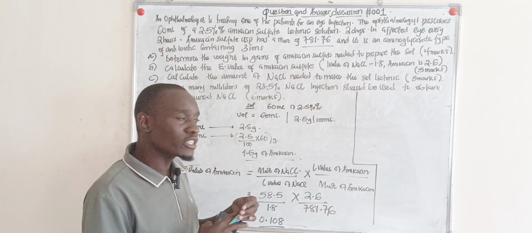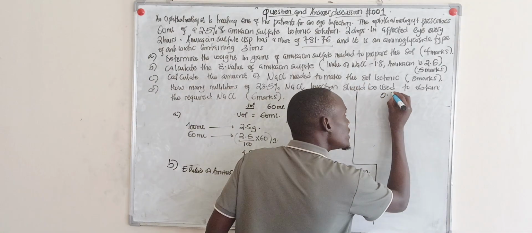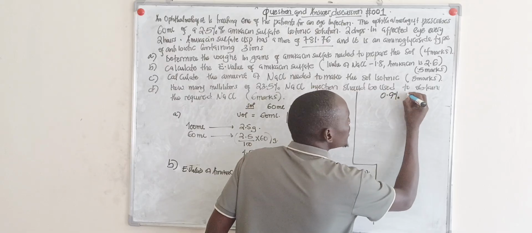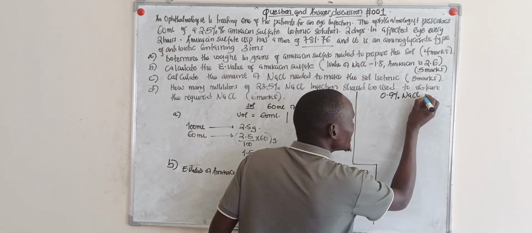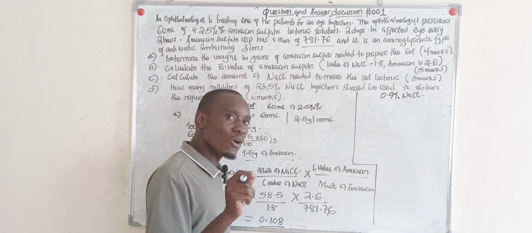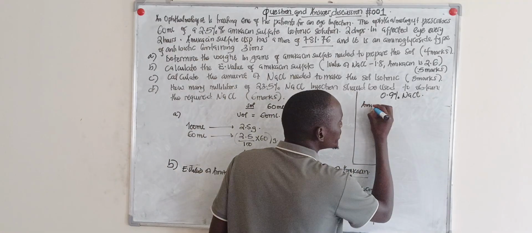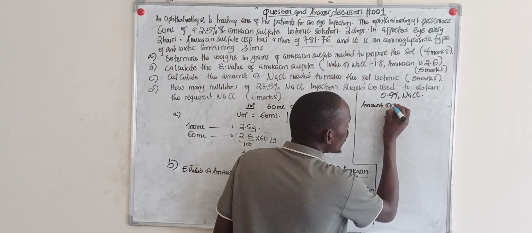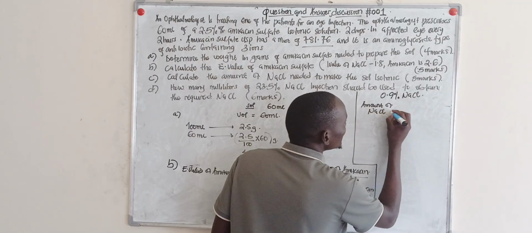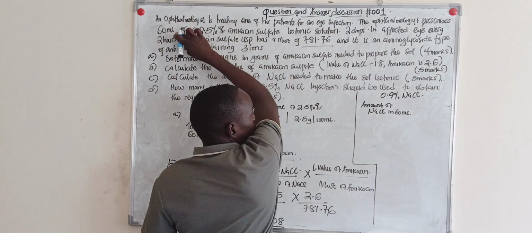So if it is sodium chloride, we know that it is only 0.9% sodium chloride that is isotonic with blood plasma or lacrimal secretions. So we are going to determine the amount of sodium chloride in 60 mils of the question.